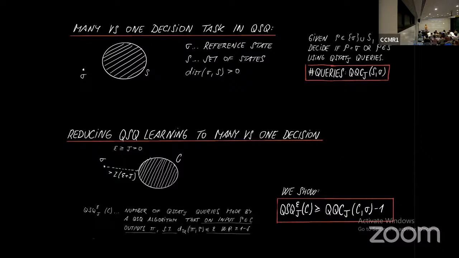If I take the many versus one decision problem and give you some promise on the distance of the reference state from the target set, I can show that quantum statistical query learning with average error epsilon and approximation level tau is lower bounded by QQC tau minus 1. This is one query difference.